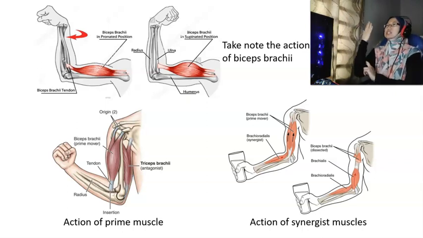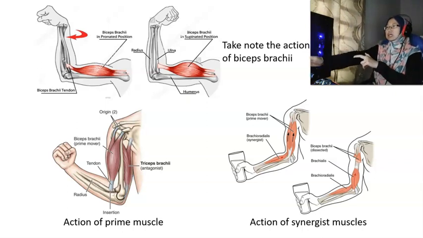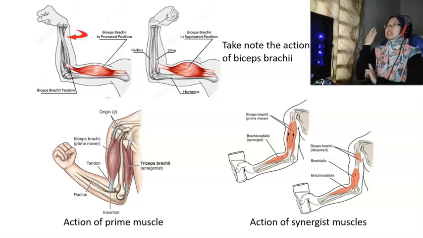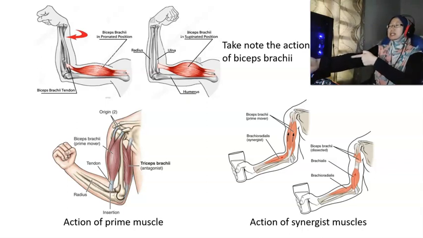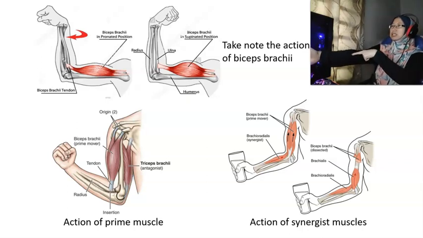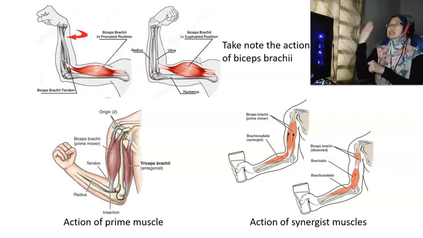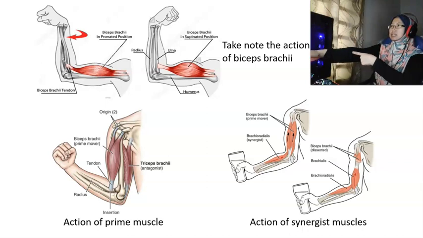Supinate while flexing your forearm, ni yang the real action dia, because dia punya tendon insert dekat radial tuberosity, you imagine dekat sini, bila dia contract, dia supinate sekali.